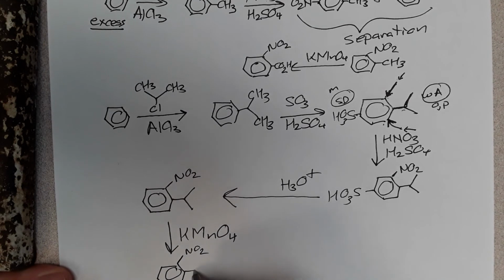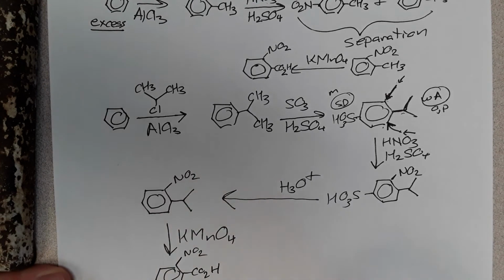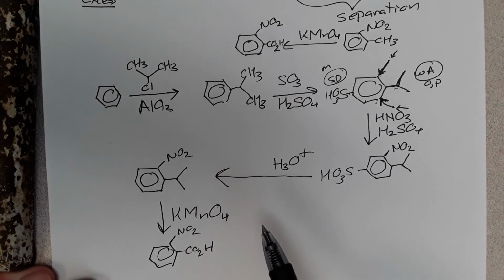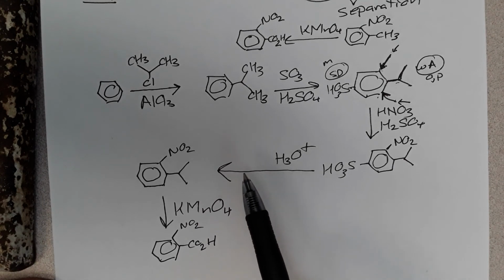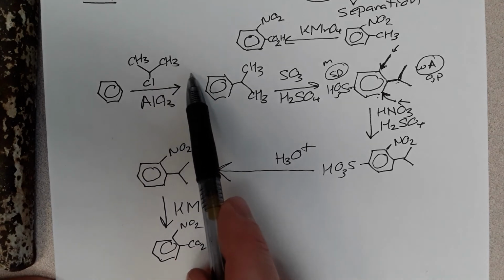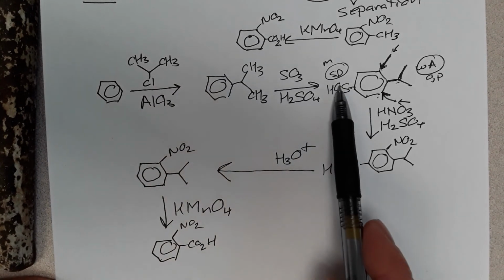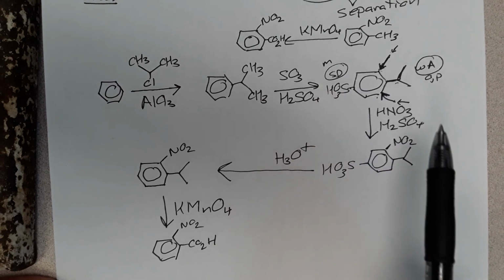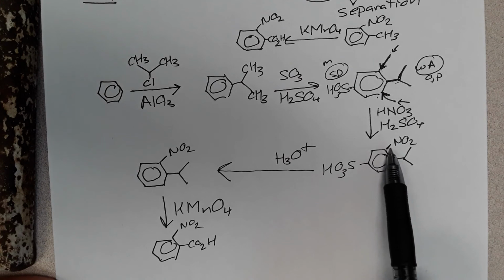Nitro and carboxylic acid. More steps, certainly, than the previous method, but everything is clean, right? You get this bulky group, you get almost entirely the sulfonic acid adding to the para position, and that blocks that position. So the only place for the nitro group to add would be in the ortho position.